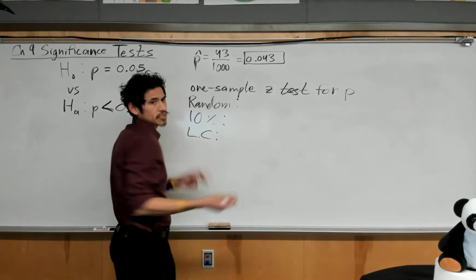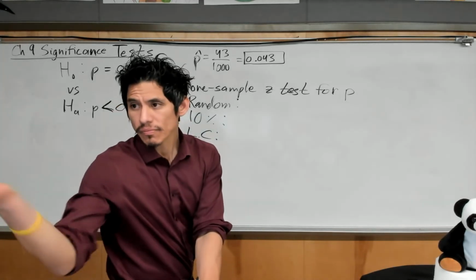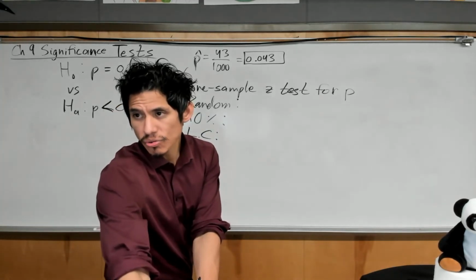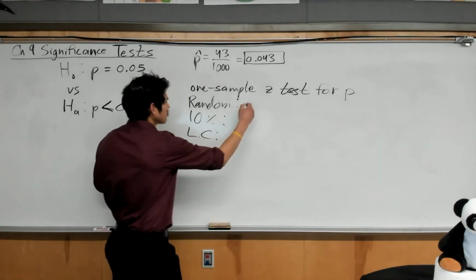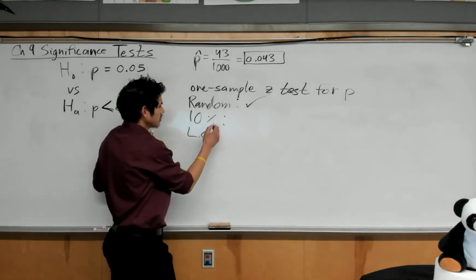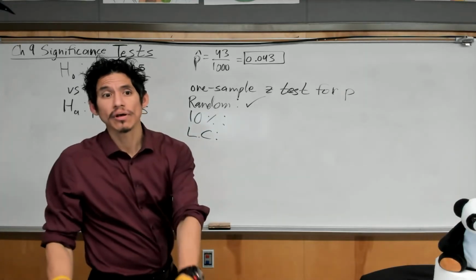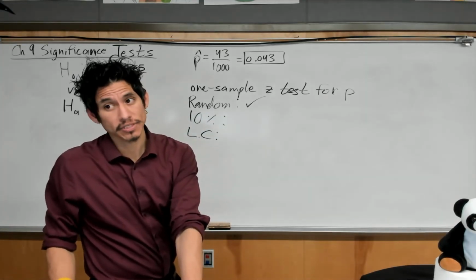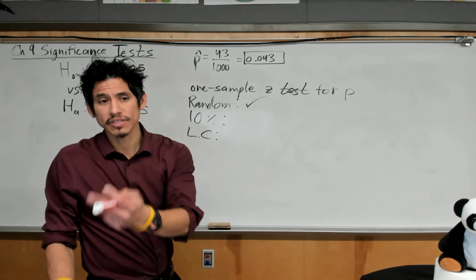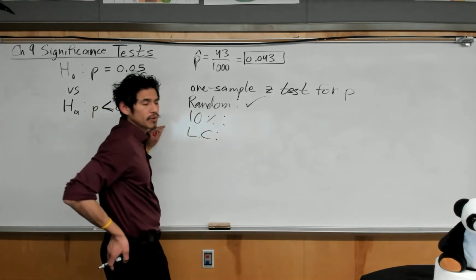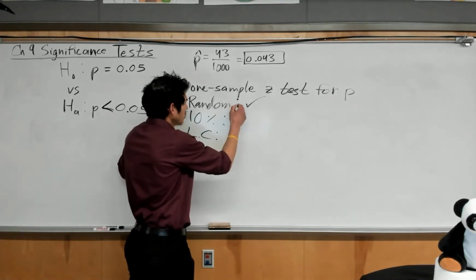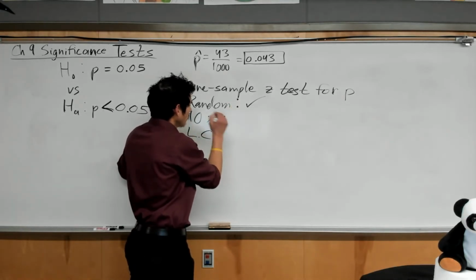The random condition is: is the sample random? It says yeah, random. They got a random sample of 1,000 adults. For the 10% condition: is this sample no more than 10% of the population? 1,000 is definitely less than 10%. There are a couple of billion people in the world, but we don't even need to go that far.